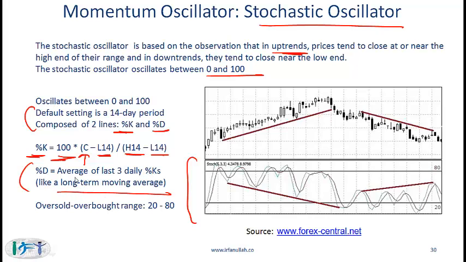That is simply the average of the last 3 daily percent Ks. This is more complicated than the previous oscillator, and I think the probability of being tested on the details of this formula is very remote. Just recognize the basic item given over here, and here also we have a concept of oversold and overbought, and that range is 20 to 80.